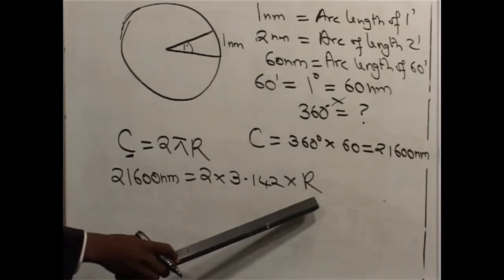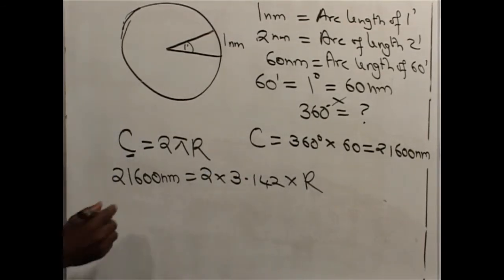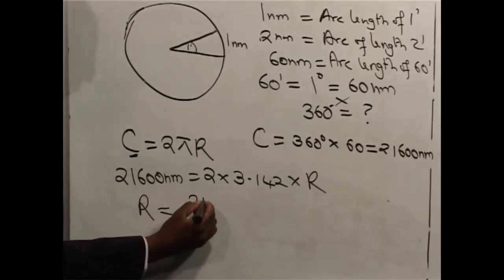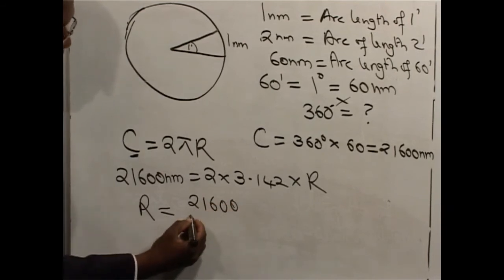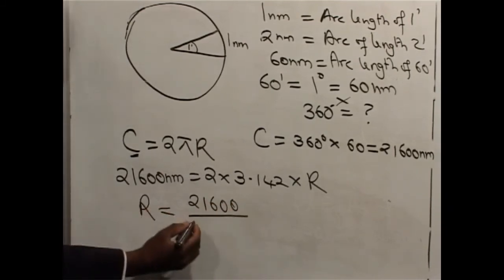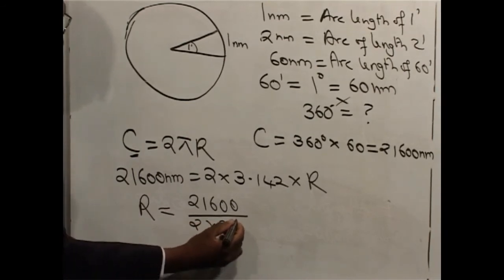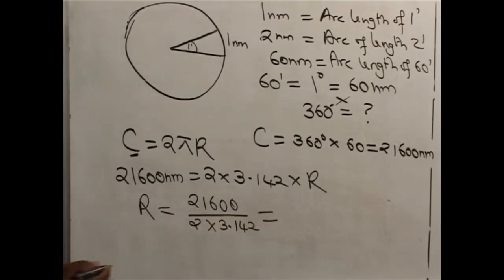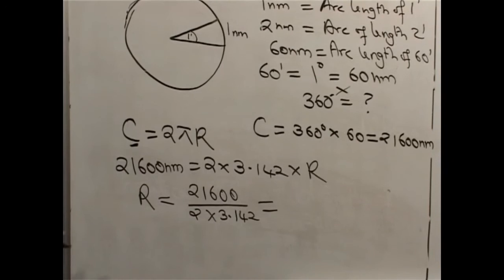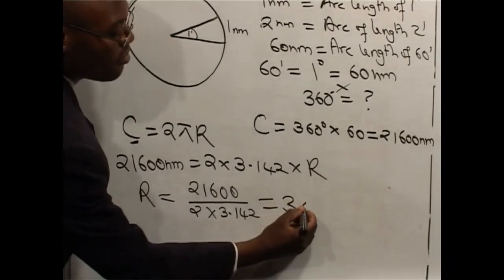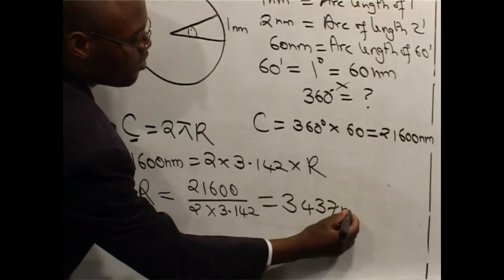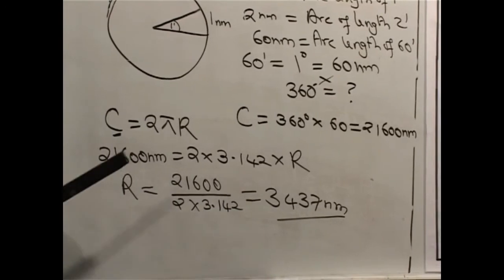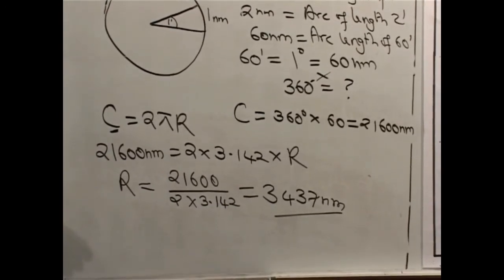So making r the subject of the formula, we have r is equal to 21,600 divided by 2 times 3.142. To four significant figures, as you calculate, you find it to be 3,437 nautical miles. And that becomes our radius of the Earth in nautical miles.